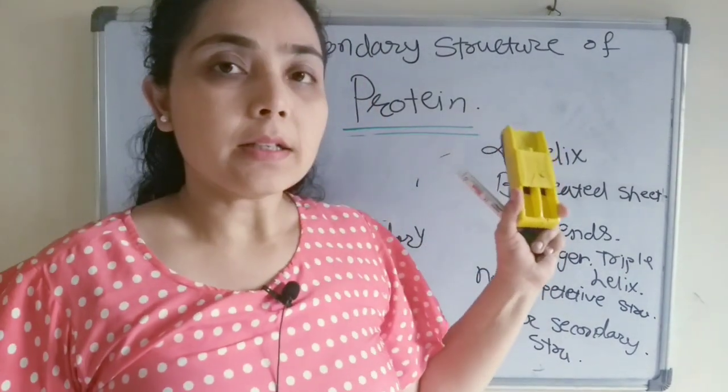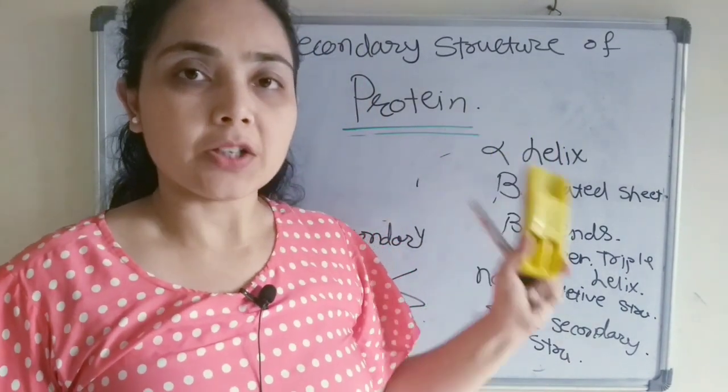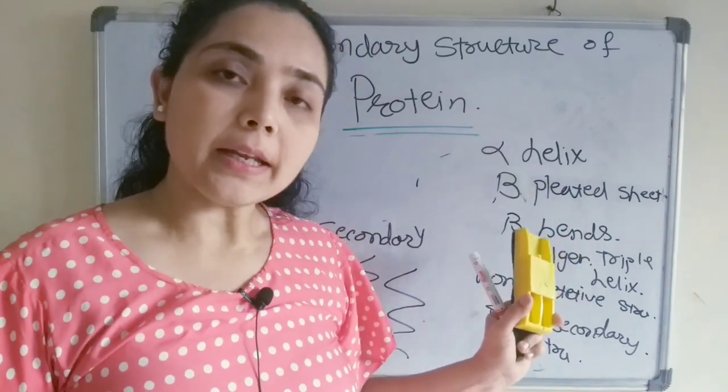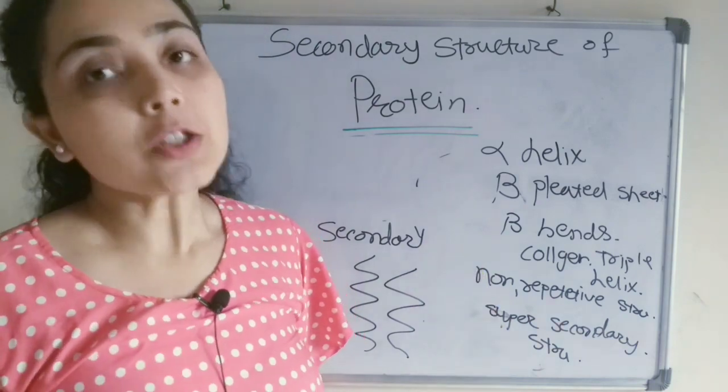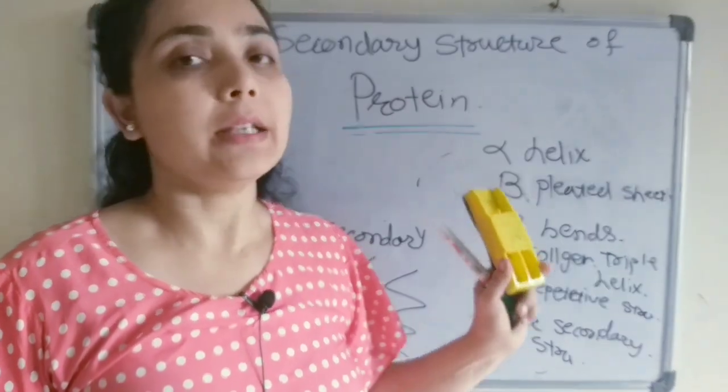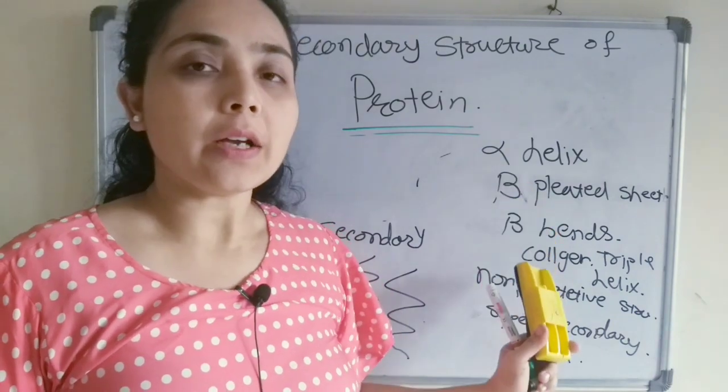So these are some examples of secondary structure: alpha helix, beta pleated sheet, beta bends, collagen triple helix, non-repetitive structures and the super secondary structures, out of which the most common are the alpha helix and the beta pleated sheet. So this we will cover in the next class.